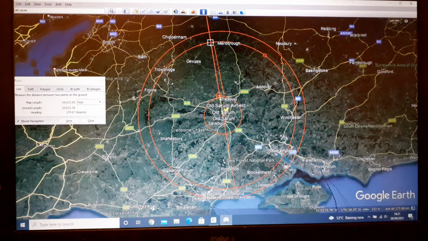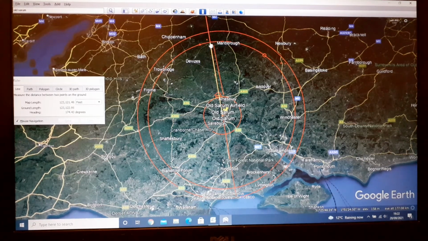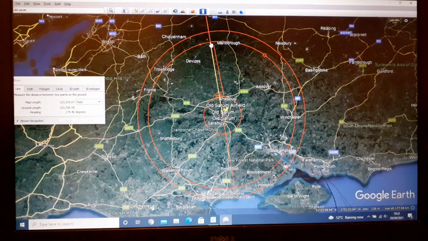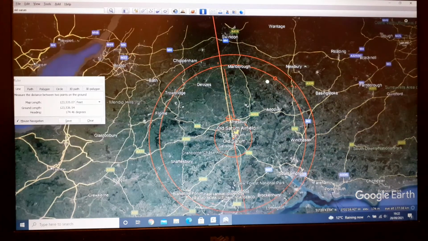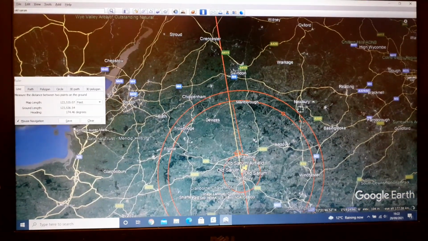It's there on this line. So we take that up to Avebury. And what I'm saying is I'm looking at 123,200 imperial feet. So if we drag this down and centralise it, we can zoom in on Avebury.